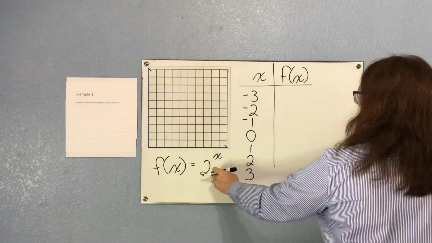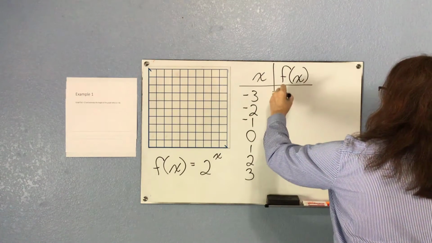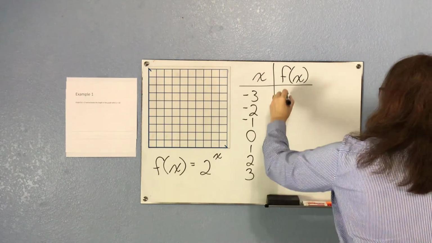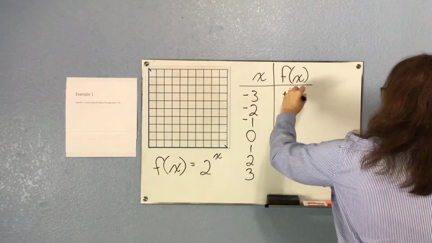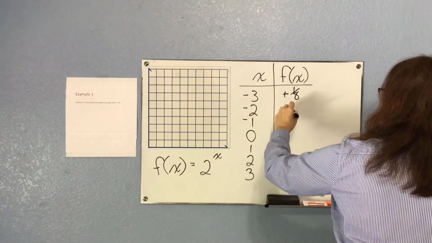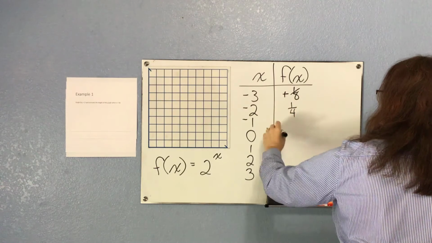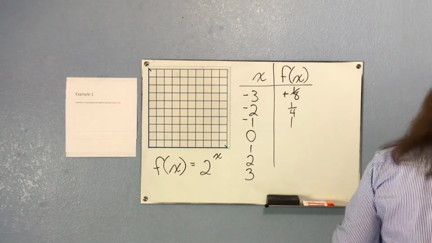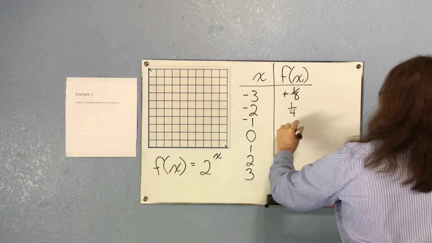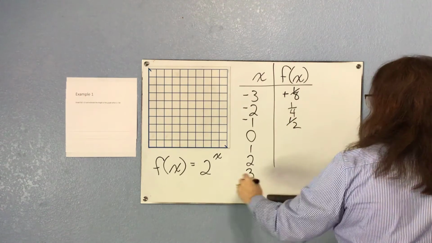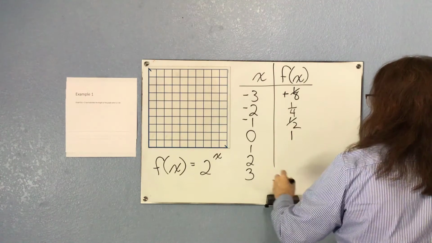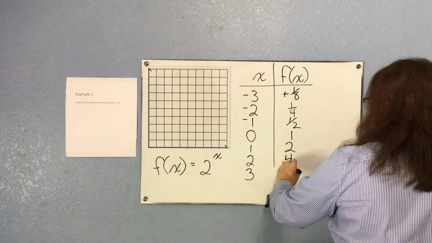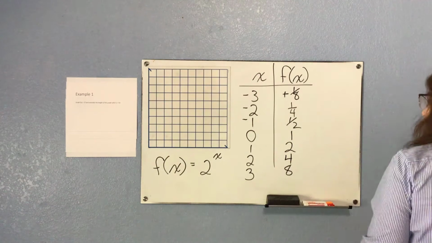So 2 to the -3 would be 1/8. 2 to the -2 would be 1/4. This would be 1/2. 2 to the 0 power is 1. 2 to the first is 2. And then 4 and 8 complete my table.